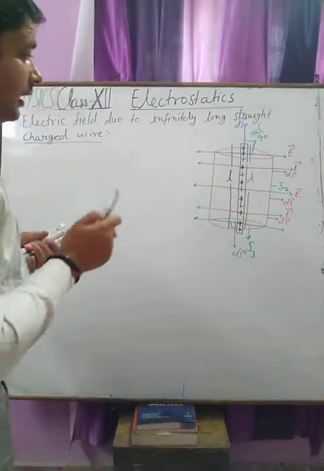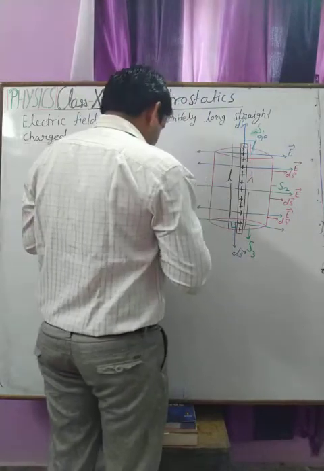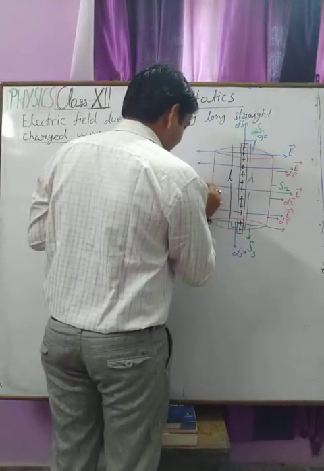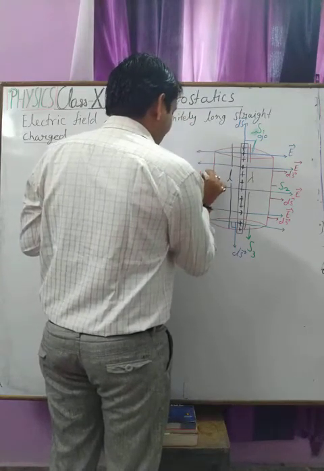Okay, now we find the angle between electric field and area element.